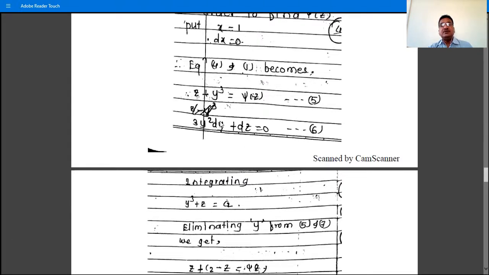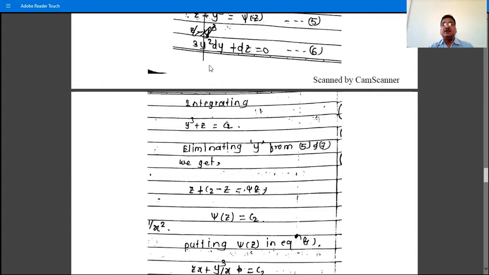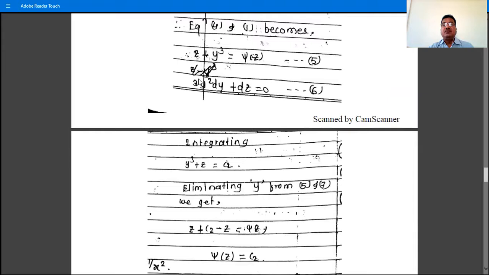Now we have to find the solution of equation number 6. The integration of 3y square is 3y cube by 3, so it is y cube plus the integration of dz, which is z, is equal to c2, a new constant. And then we have to eliminate y from 5 and 7.